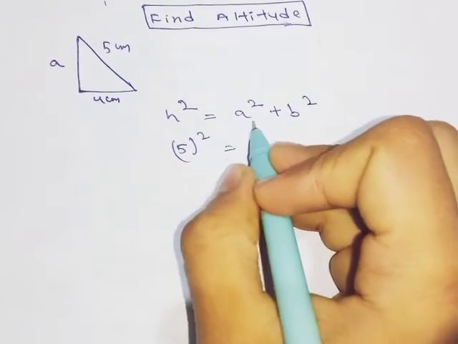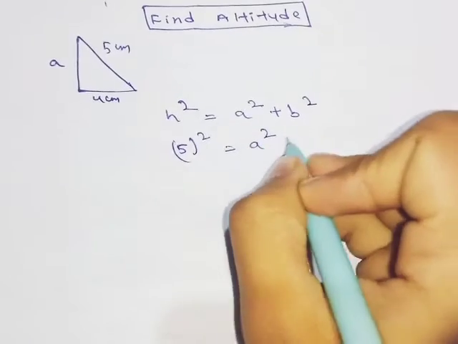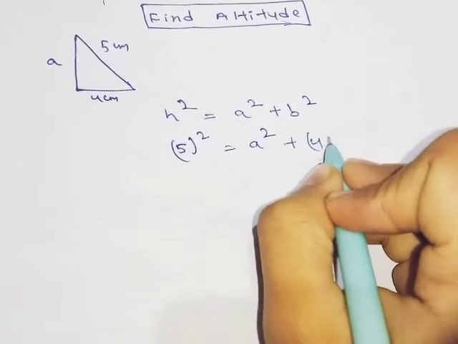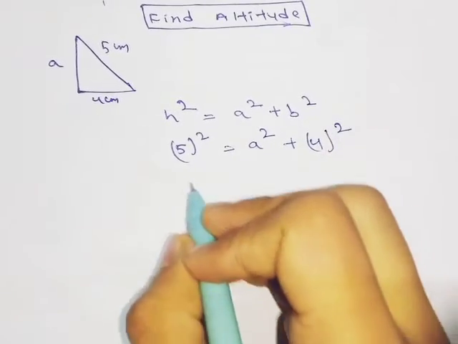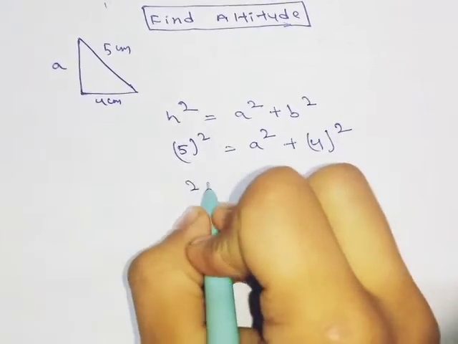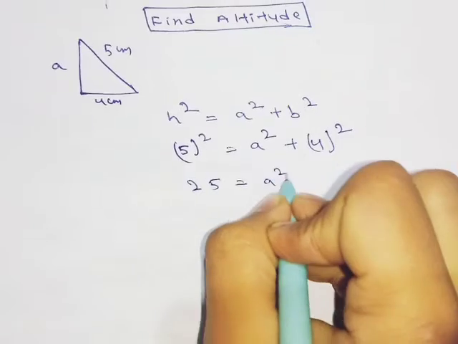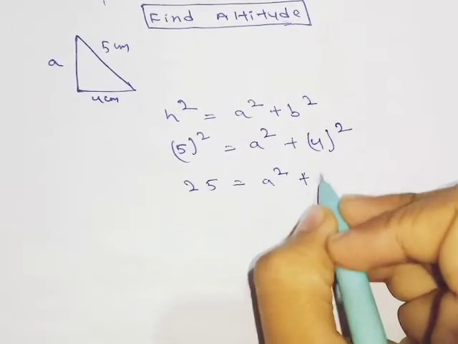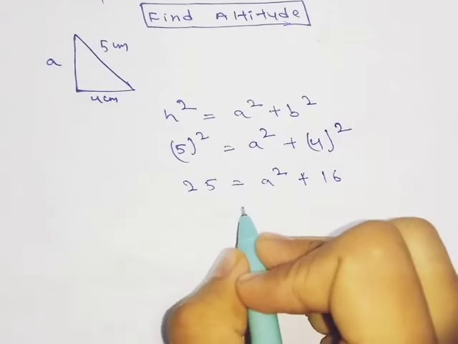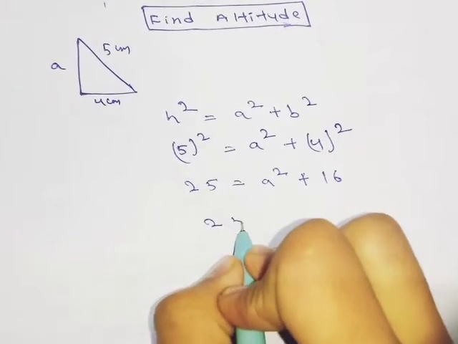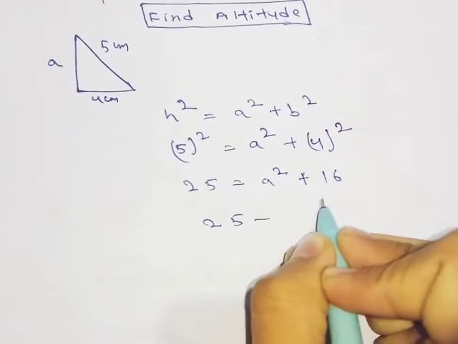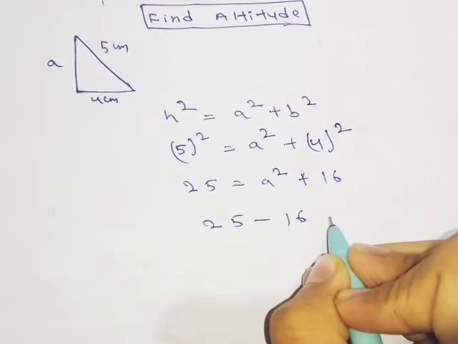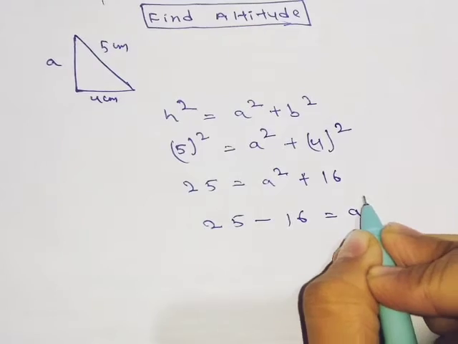Altitude square is not given, and the base square is 4 square. Now 5 square is 25, equal to altitude square plus base square, 4 square is 16. Now 25, this plus will become minus 16 when it changes its side. It is equal to altitude square.